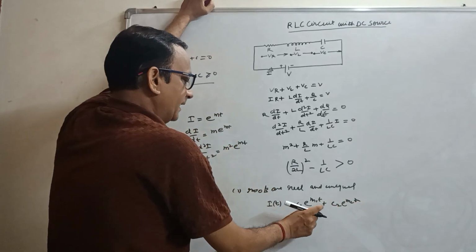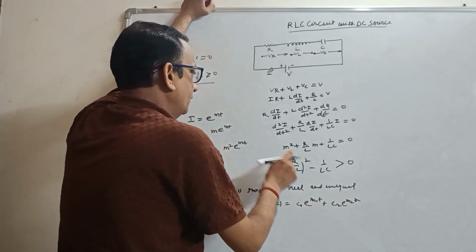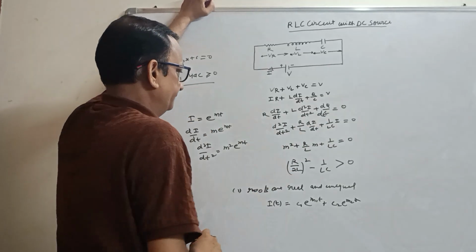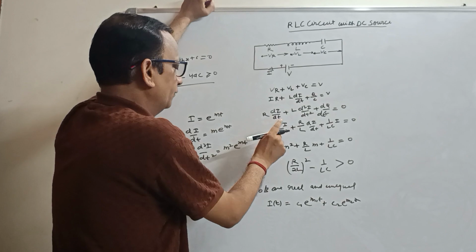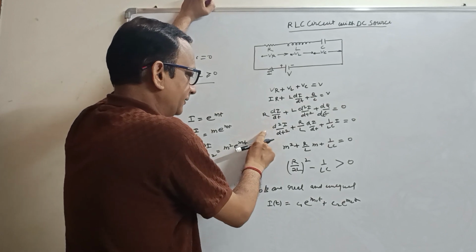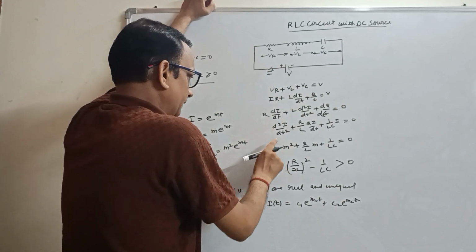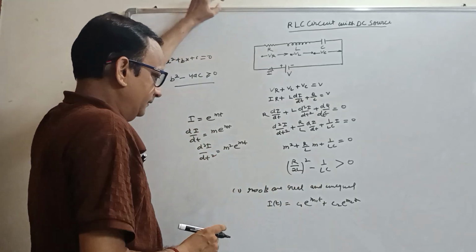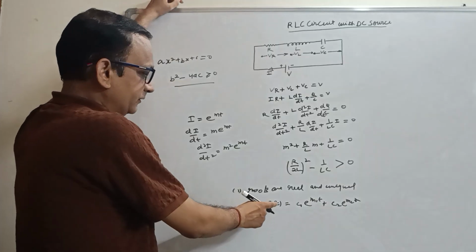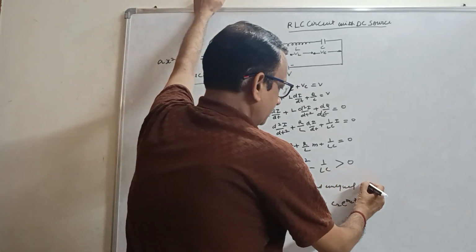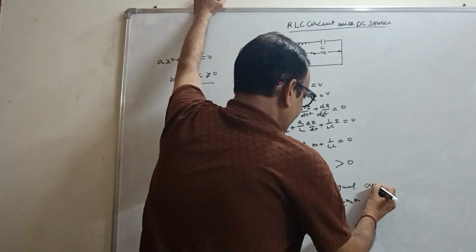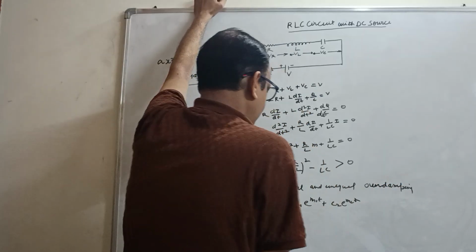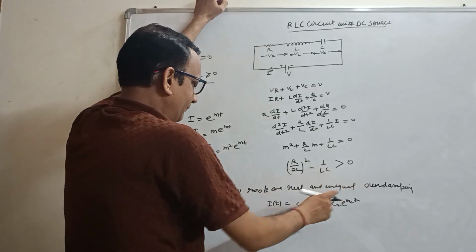Here m1 and m2 are the roots of this quadratic equation. This is the current at time t if the roots are real and unequal. This is the condition of overdamping.